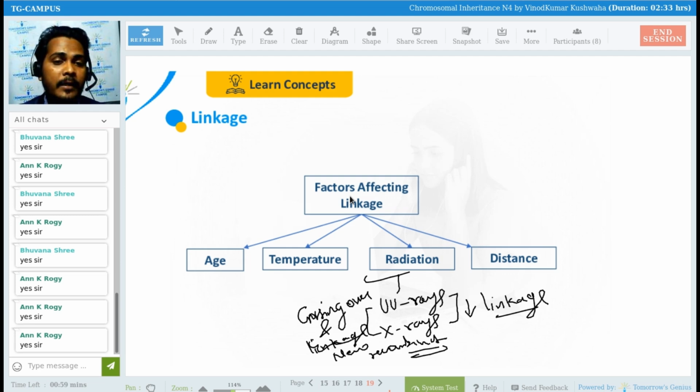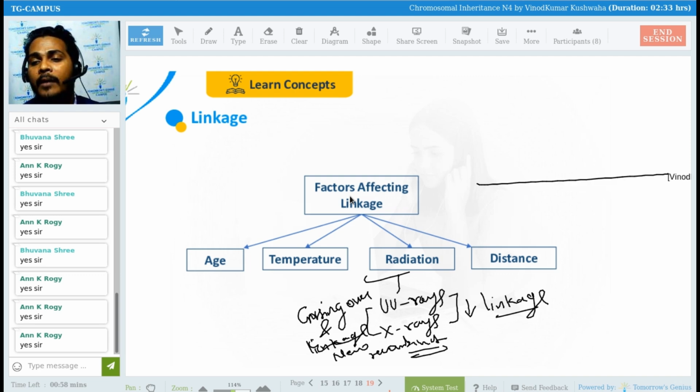Another factor is distance. Increasing the distance between the two genes decreases the percentage of linkage. If the distance between the two genes is far, one gene at one end and another gene at the other end, then definitely the percentage of linkage is decreased.